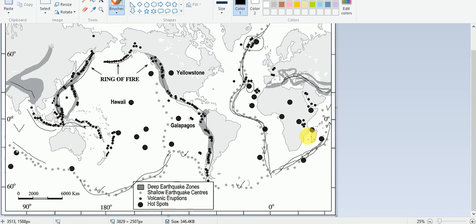So in this way, the zone of earthquakes and the zone of active volcanoes coincide.